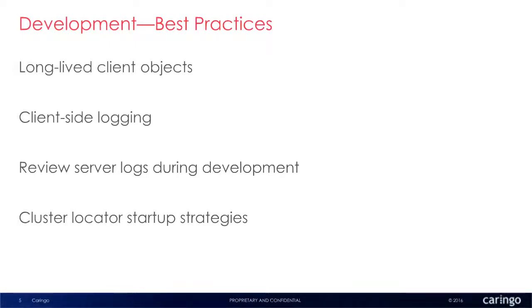Another best practice for development is what we'll introduce here, and we'll go a little bit more into. We call it locator strategies, and this really goes back to high performance and high availability, and specifically high availability across different sites. So, one aspect of a locator is when an application starts up, how does it get access to the first few nodes?